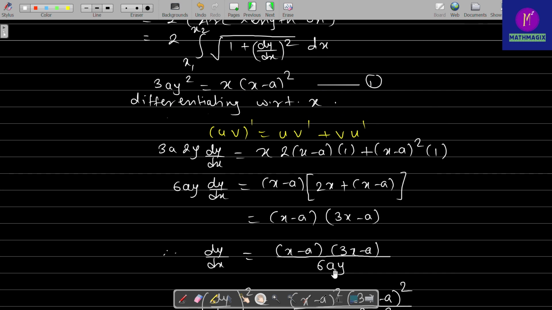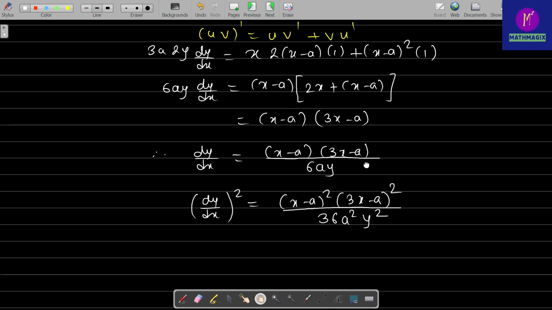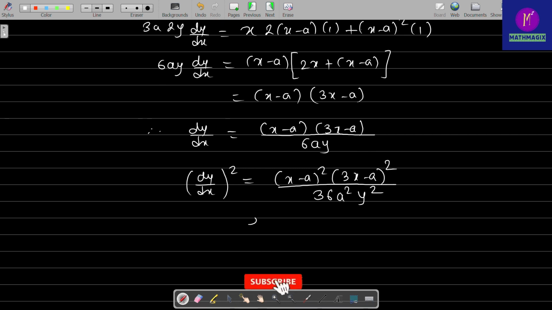But in our dy by dx, we have y here. So we are not replacing the y value here itself. After taking the square, automatically you will get y square at this place. So now here you can substitute the value of y square, which is x into (x minus a) square upon 3a from 1. So from 1, y square is equal to x into (x minus a) square divided by 3a.